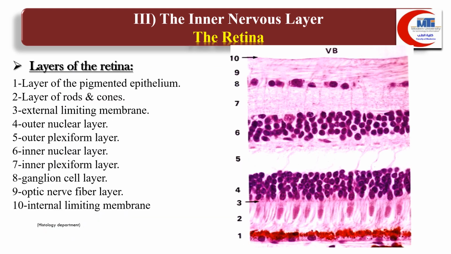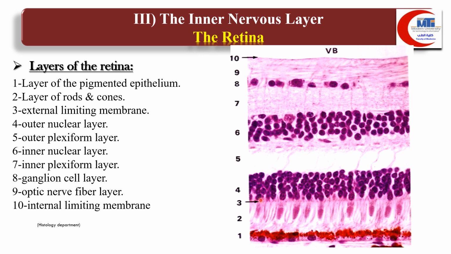What are the layers of the retina? Let's now know the layers of the retina. The first layer is a layer of retinal pigmented epithelium. Then a layer of rods and cones, the photoreceptors. The external limiting membrane layer.